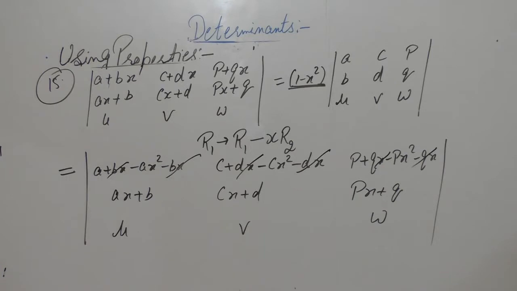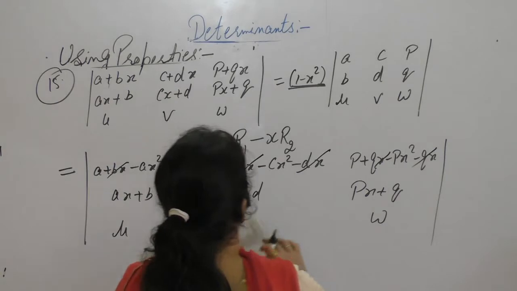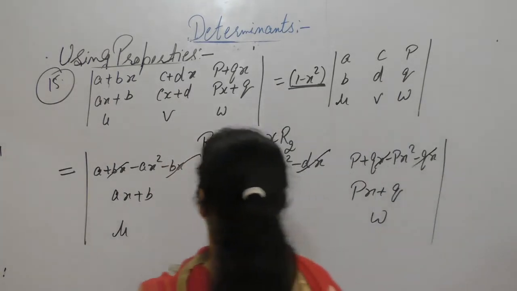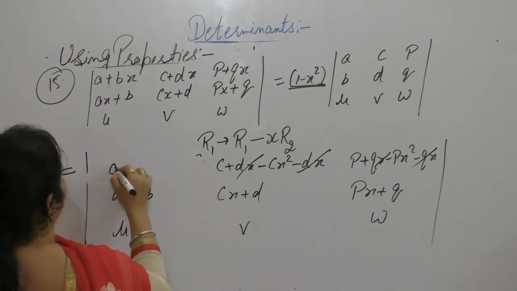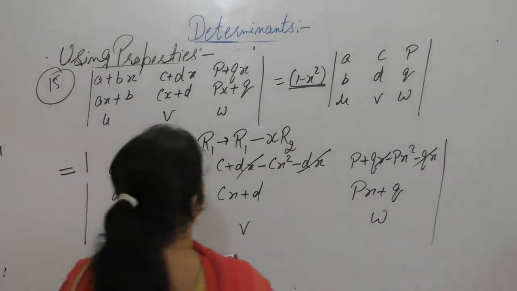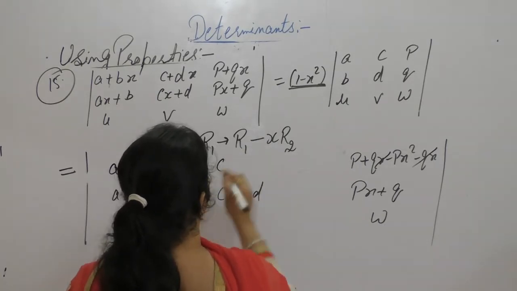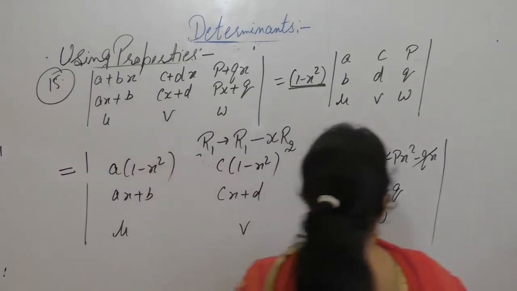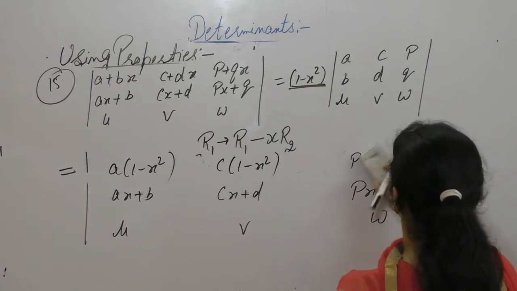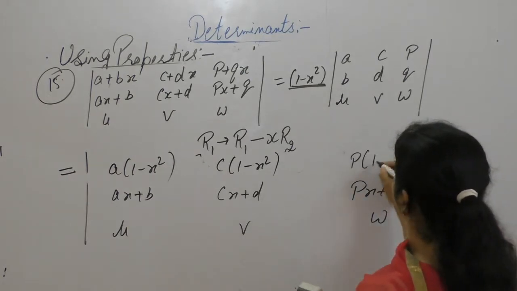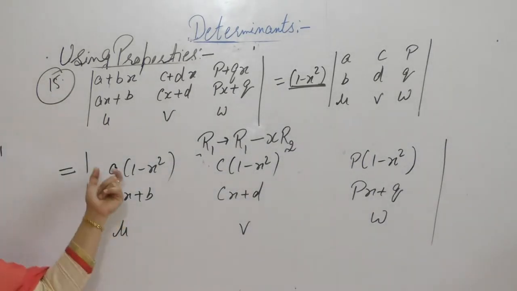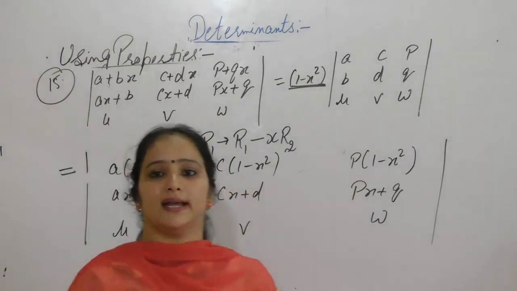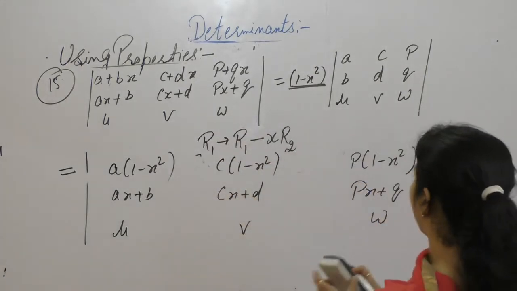So in the next step, A into 1 minus x square, C into 1 minus x square and P into 1 minus x square. Now 1 minus x square is common. Take 1 minus x square common from R1.